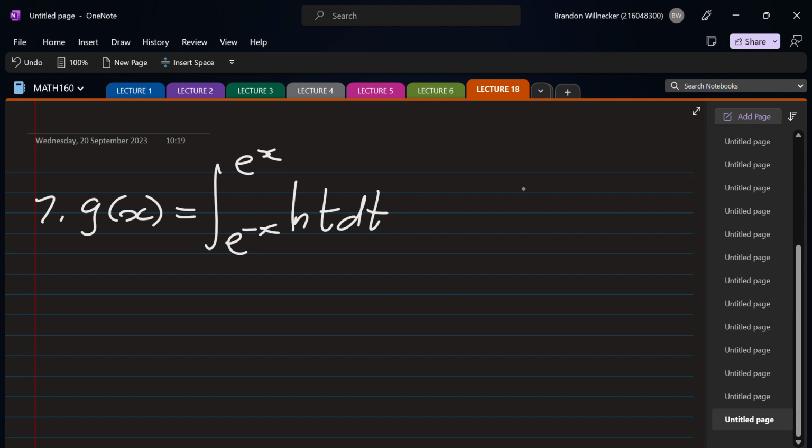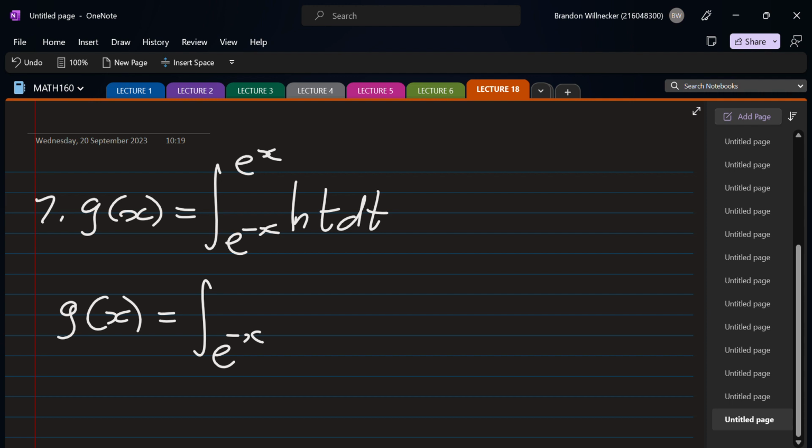Okay, so let's split it up. So g of x is equal to the integral from e to the minus x to, if we put 0, then we have a problem, because the natural log of 0, that's going to be minus infinity. Problem there. If we put 1, then the natural log of 1 is 0. That's fine.